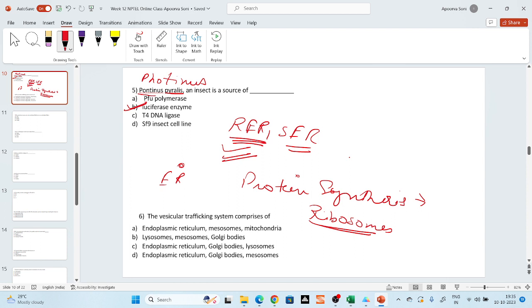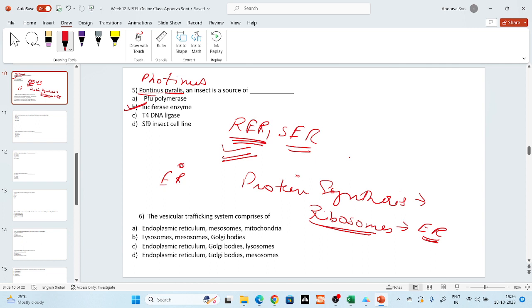So for proper modification and folding, these proteins are sent from the ribosomes to the rough endoplasmic reticulum. What kind of modifications happen there?